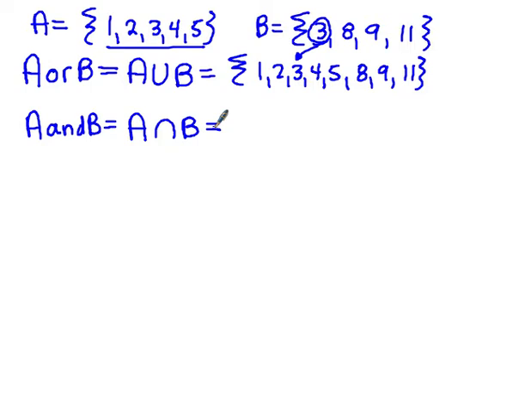So what do set A and set B have in common? The thing that they have in common is the number 3. So only the number 3 would be in the intersection. So let me look at one more, and then we'll go on to the 3-line method.